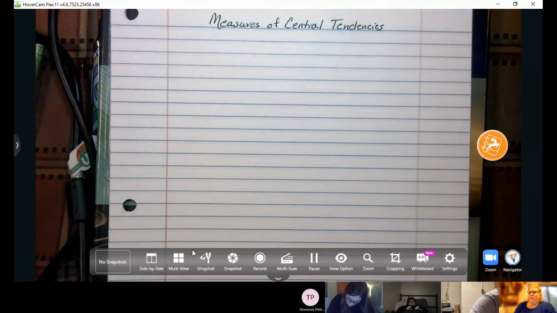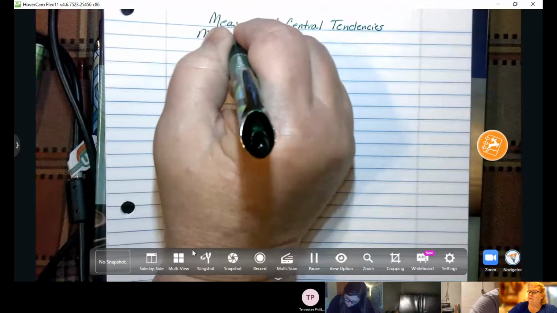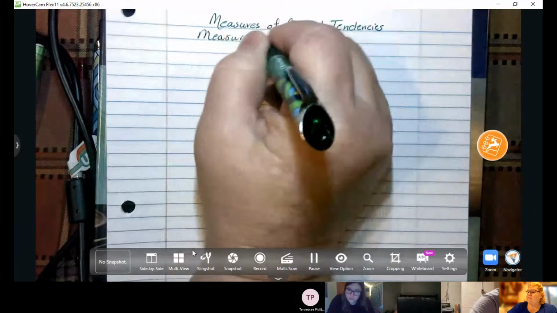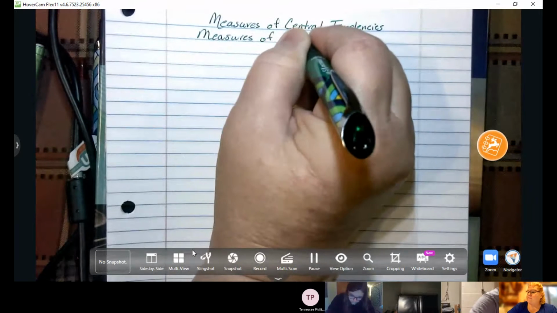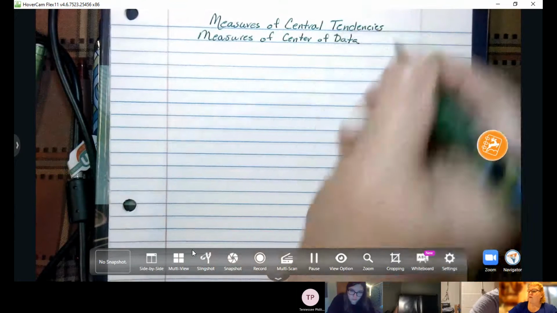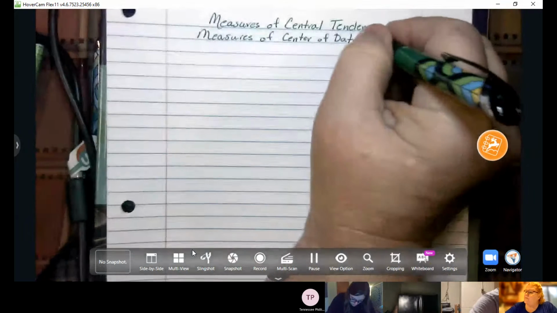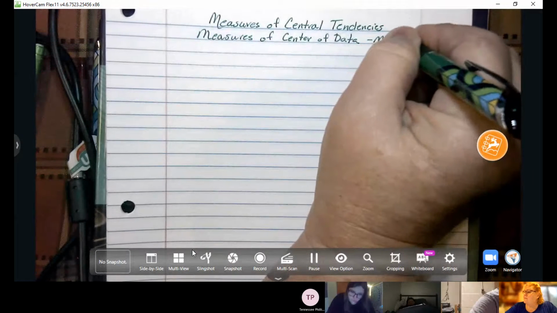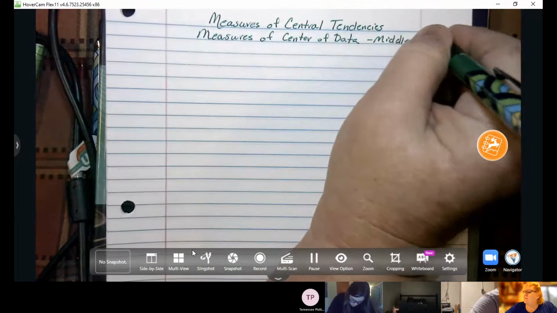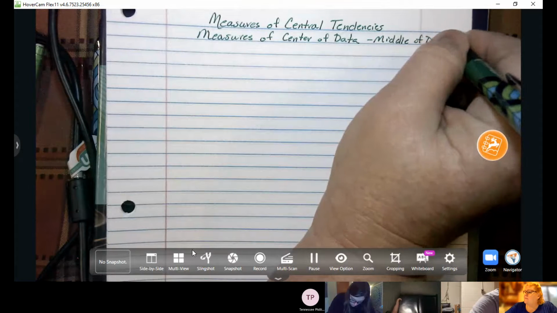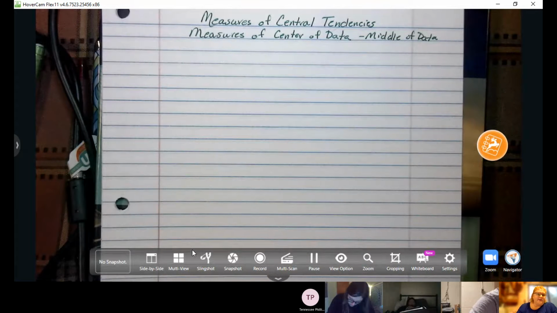When we talk about measures of central tendency, we're talking about measures from the center. So we're trying to find where the middle of the data is. And we want to try to find that middle of the data for various reasons.